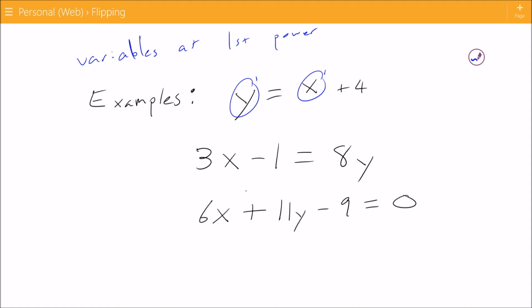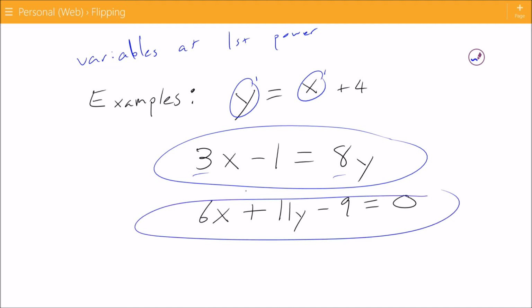Okay, so we may have seen this form before. This also is a linear function. I've still got my x, I've still got my y, I've got a constant here. These are just some coefficients, and they're attached to our variables. But nothing to the power of greater than 1 for my variables. This works. Same thing here.